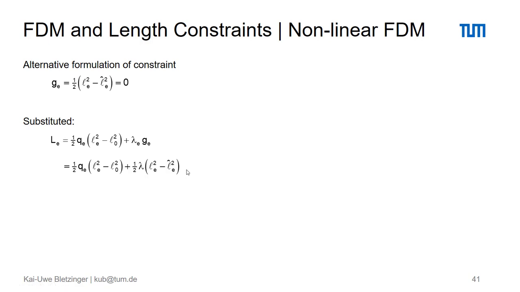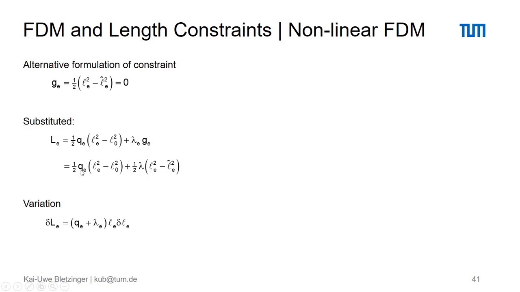And you see immediately that for the energy term and for the constraint term, we have these brackets which look pretty much similar. The actual length squared appears. The reference length is squared here and the prescribed length there. And we have this leading 1/2.